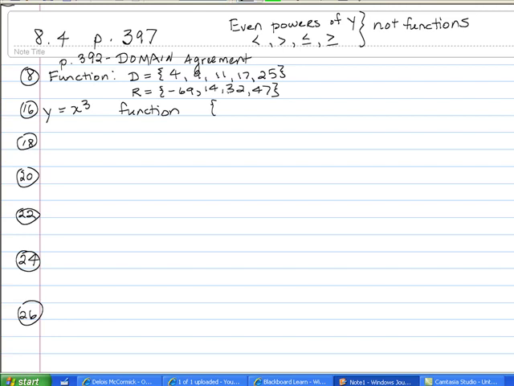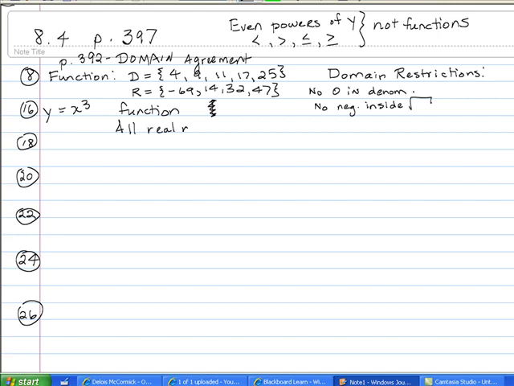So domain restrictions have to be made if we have 0 in the denominator, or a negative inside a square root. In this case we have no restrictions, so the domain would be all real numbers.